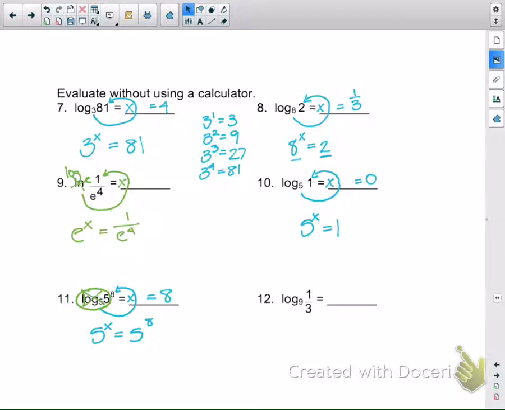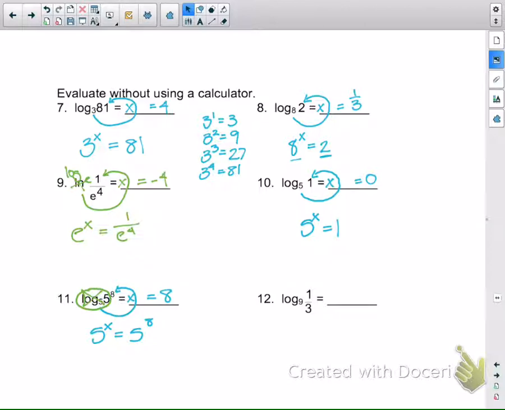So to figure out the answer to this one, I have to ask myself, what makes us do 1 over something? What kind of exponents? Negative exponents. After you know it's a negative exponent, it should be pretty easy because you see e to that exponent on the bottom. So what is the exponent that it's going to use for this one? -4. Good, because you see e to the 4th. To get it on the bottom, it just has to be a negative exponent.